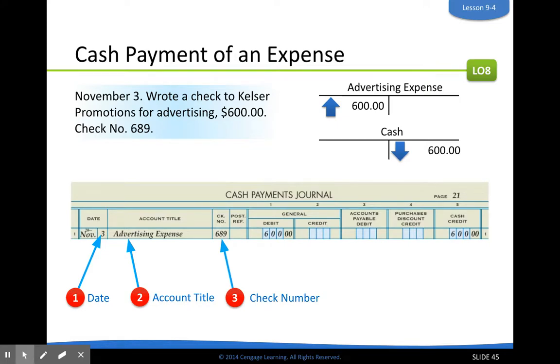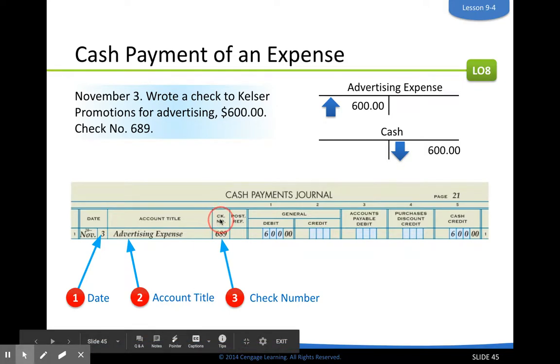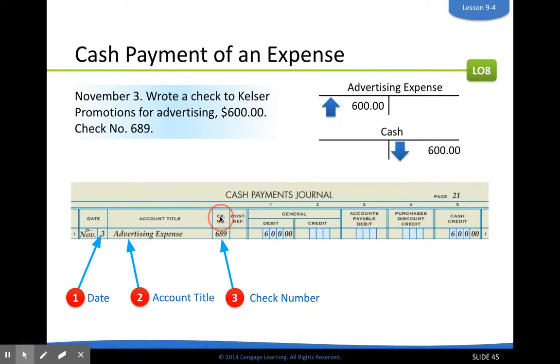Notice that we no longer have to put C689 because it is already labeled in our special column, check number. So check number 689, no need to write C. Then we have our debit of 600 and cash credit. This is much like it would have looked in our general journal.